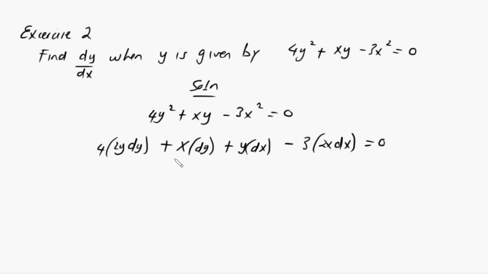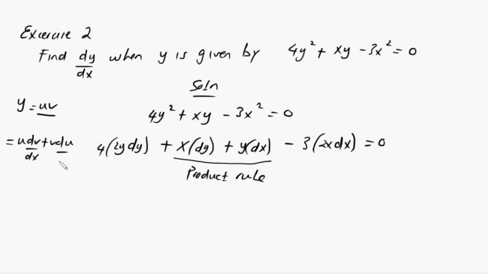So this one was just a product rule. Remember for the product rule, we said for y equal to uv, when you differentiate it, it's just going to be u dv plus v du. We put dx here, but you get the point. So this is just u, I differentiated y, then v, I've differentiated x. So it's just a product rule, and that is how it works in the case of a product.